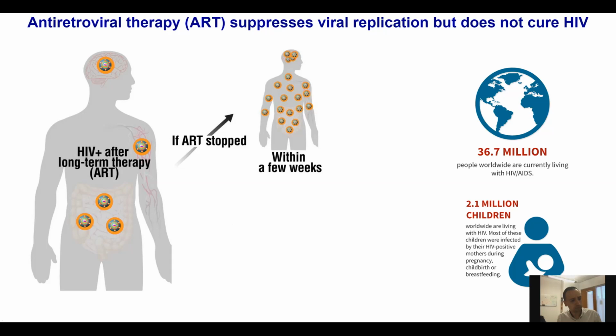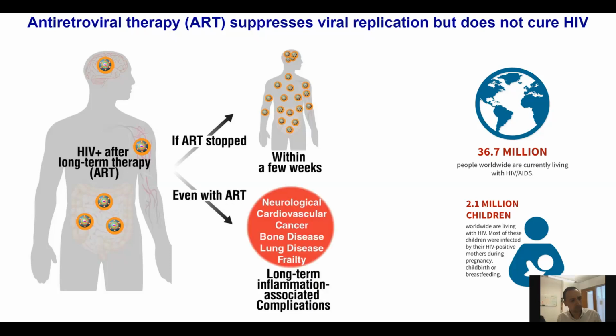And now lifelong therapy is associated with several problems. I will just highlight one of those problems now, which is the fact that people living with HIV, regardless of viral suppression, still suffer from a high incidence of many aging and inflammation-associated diseases, including neurological impairments, cardiovascular diseases, cancers, and whatnot.